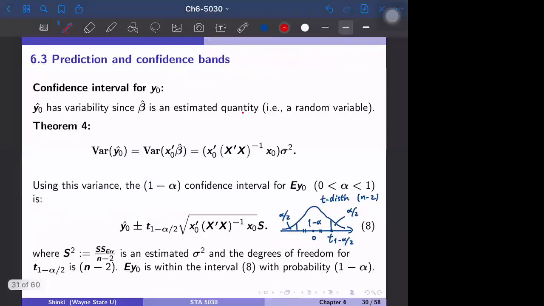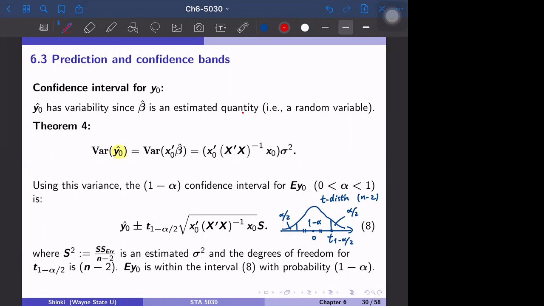So next, how to calculate confidence interval for y0. Basically, the intercept is denoted as y0 hat. Because y0 hat is the point on the regression line, this is the important quantity to construct the confidence interval.